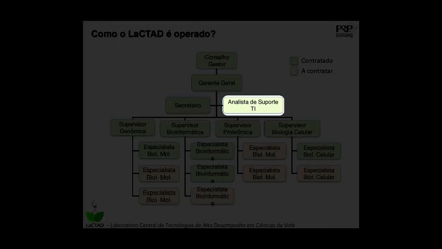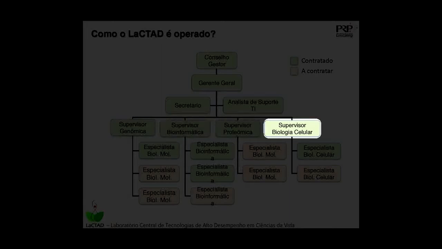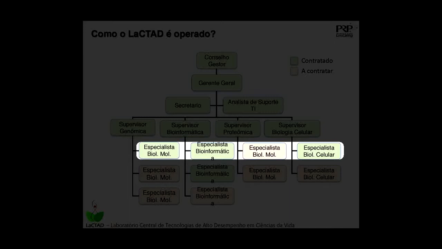We work in 4 areas: genomics, bioinformatics, proteomics, and cell biology. And for each of these 4 different areas, we have a team leader. All of them are already hired by the university, and we have the specialists.